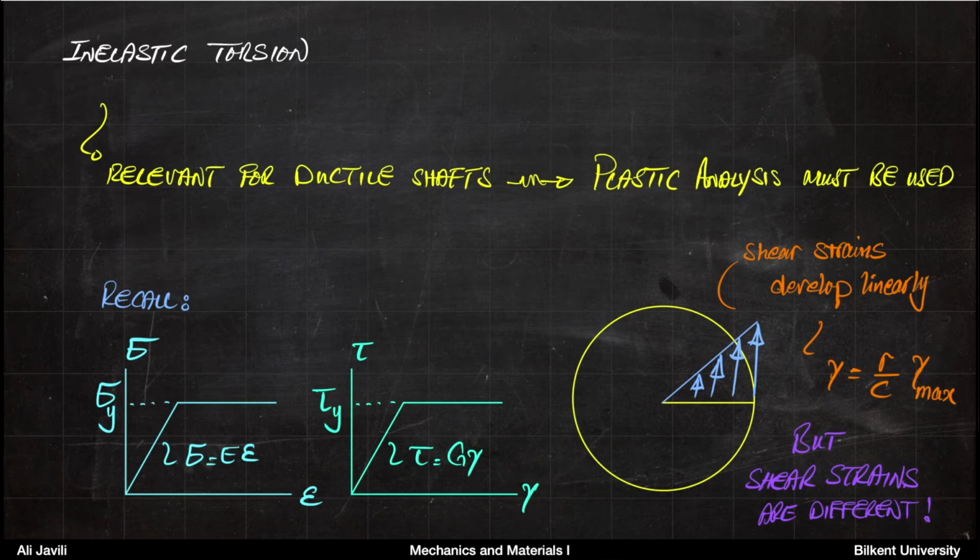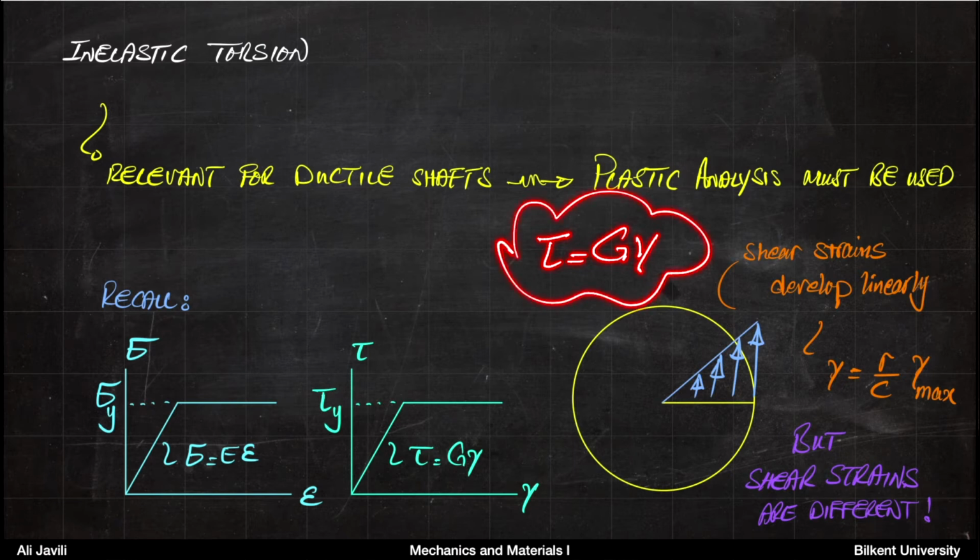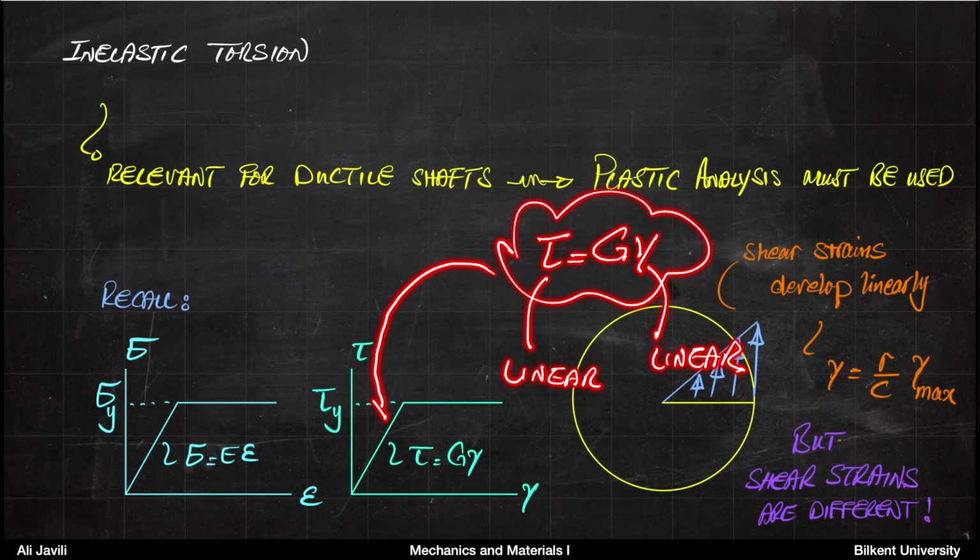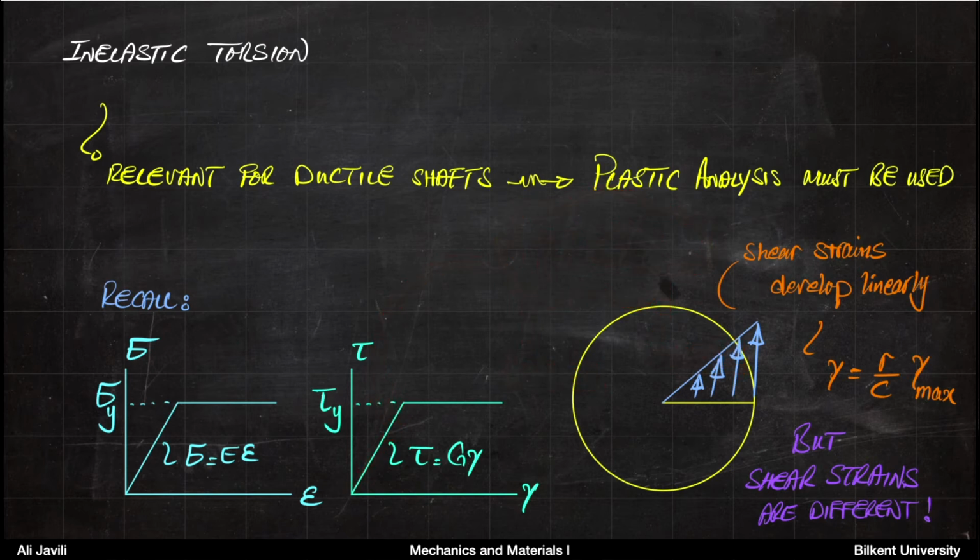Previously, we always said tau equals G multiplied by gamma, and we concluded that tau is linear because gamma was linear. But you can imagine that this conclusion is only valid if we are in the linear part of the graph. If we reach the yield limit, that is no longer a valid conclusion.